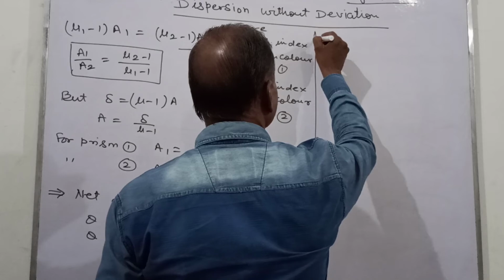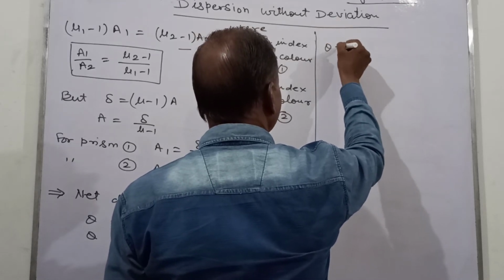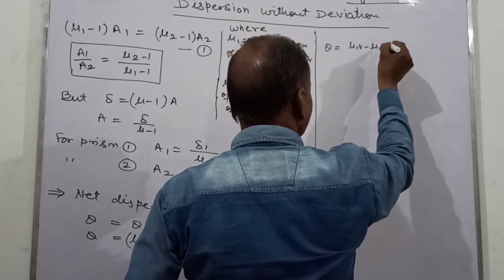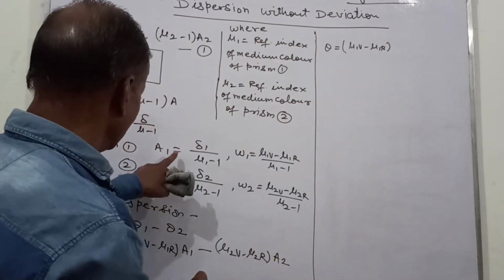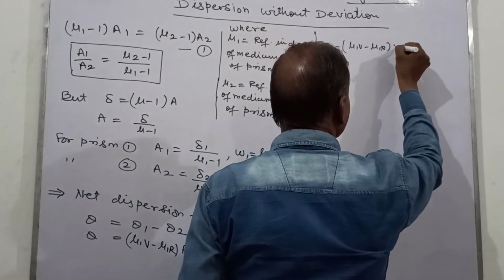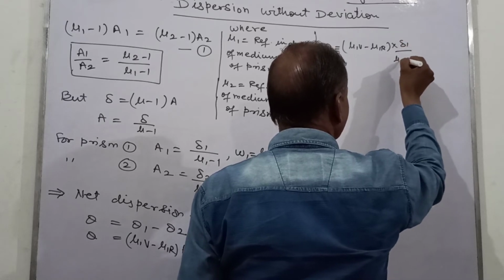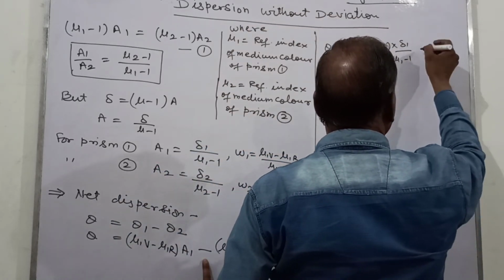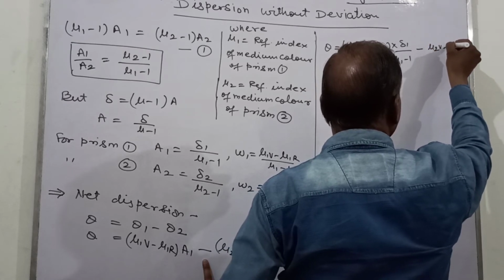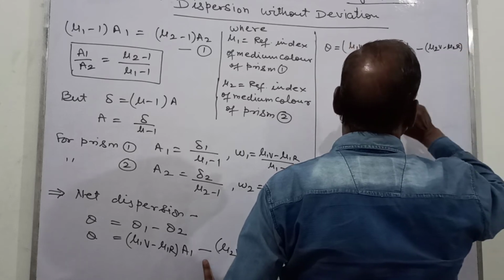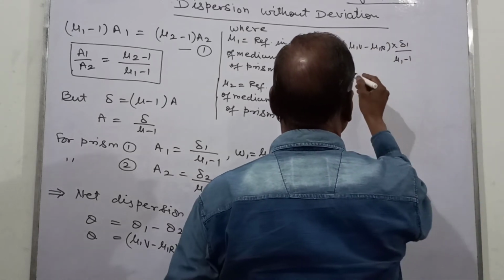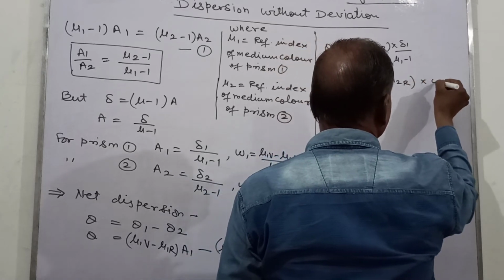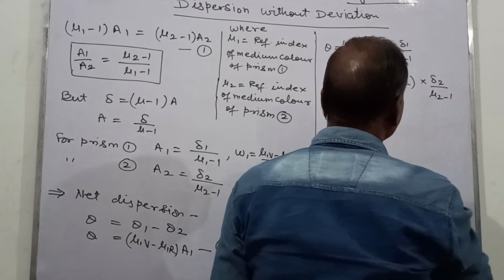So now we can have theta equal to mu 1 b minus mu 1 r into, in place of a1 we can write delta 1 upon mu 1 minus 1, minus mu 2 b minus mu 2 r into delta 2 upon mu 2 minus 1.